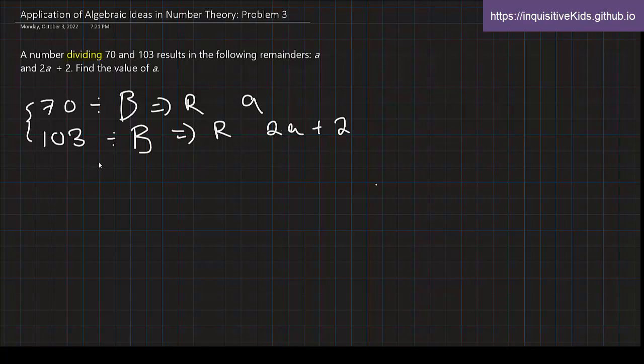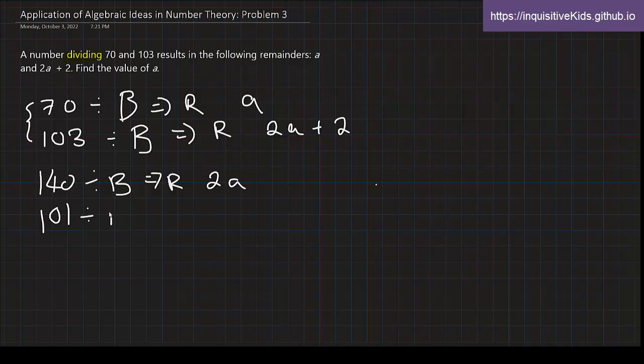So let's first multiply the first one by 2, and we get 140 divided by b has a remainder of 2a. And then for the second equation we subtract 2 on both sides. So 103 becomes 101.